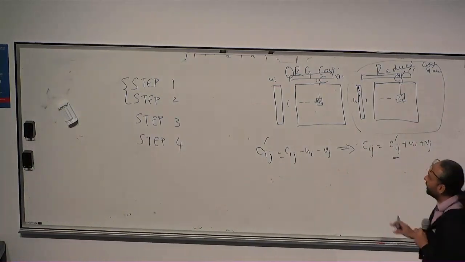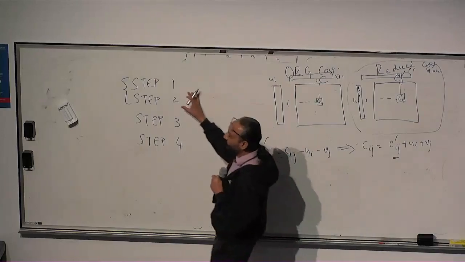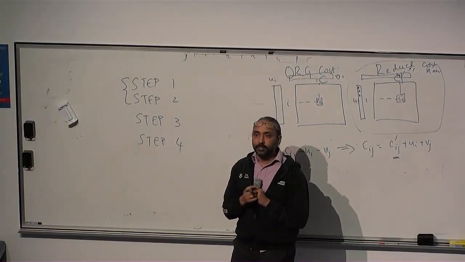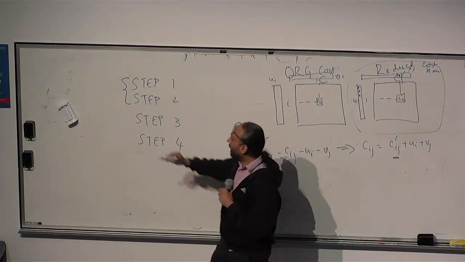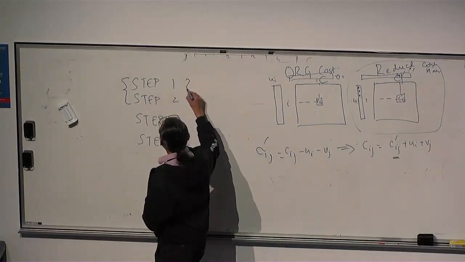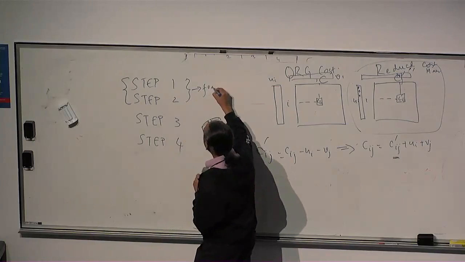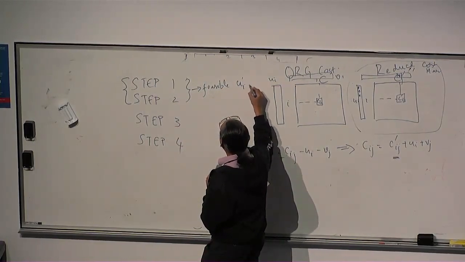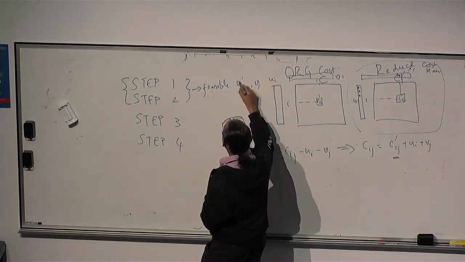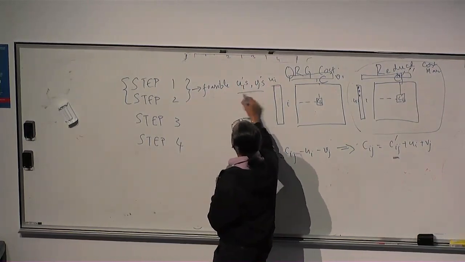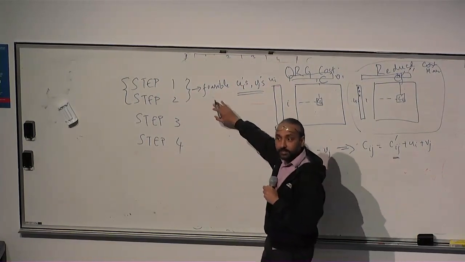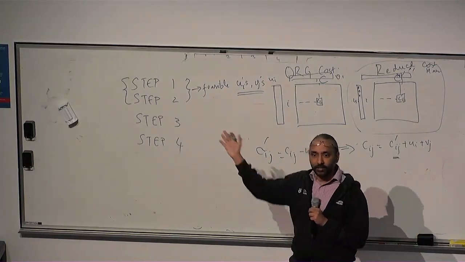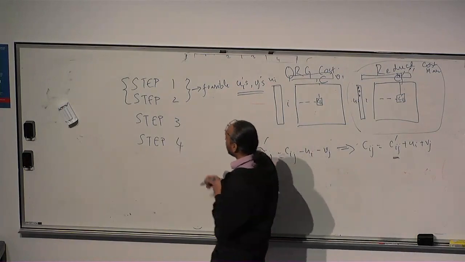The problem is given. For any given problem, the first 2 steps are to find feasible values of UIs and VJs. We'll see what that means in a bit. Some starting values that are better than 0. That's what step 1 and step 2 do.